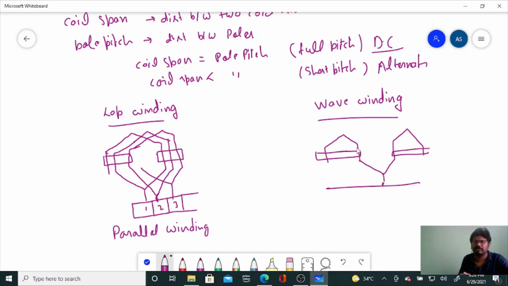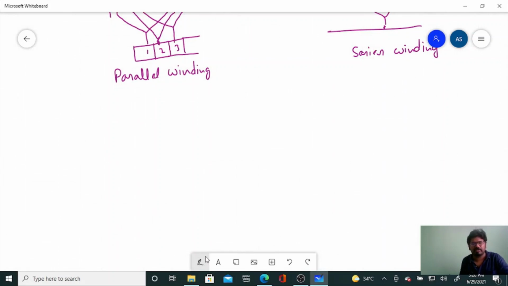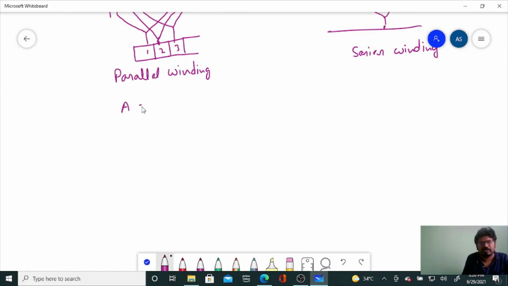So this winding is like this, and we generally call it series winding. If we talk about the number of parallel paths, here in lap winding the number of parallel paths A is equal to the number of poles, and in wave winding the number of parallel paths A is equal to 2.